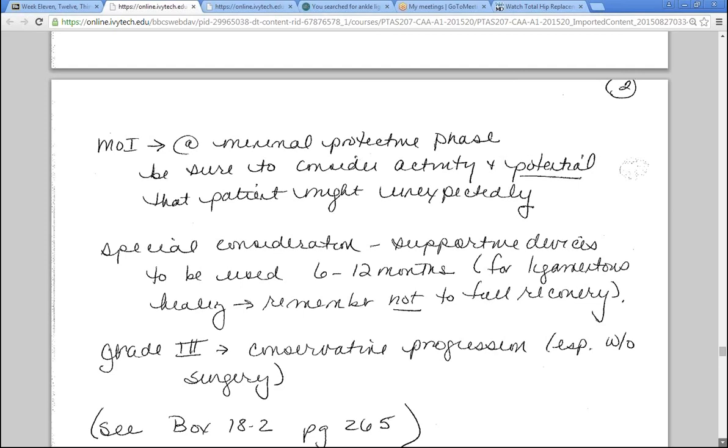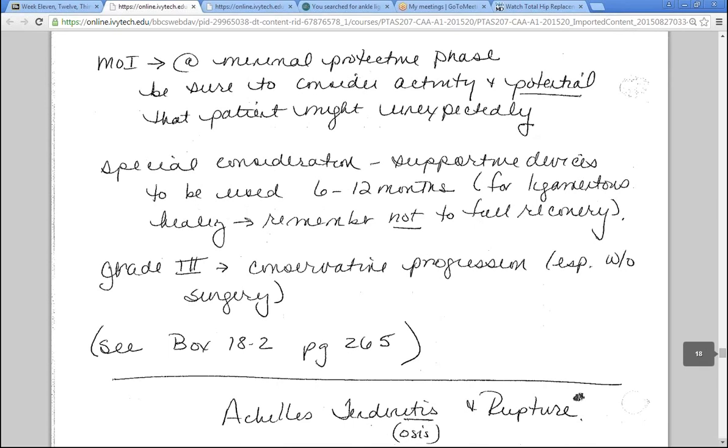Special considerations for someone with ankle issues is the fact that we don't have a lot of muscle activity going on at the ankle. We have a lot of ligaments passing it by. We have a lot of tendons passing by, but we don't have a lot of muscle strength support.